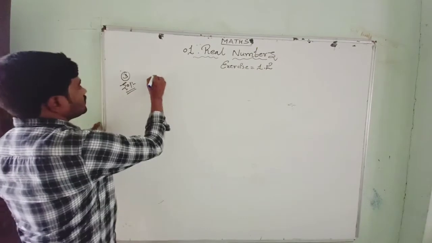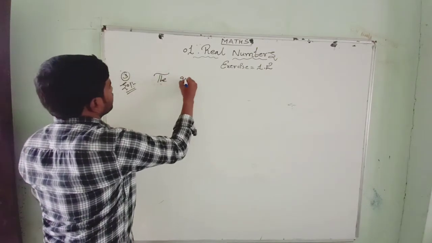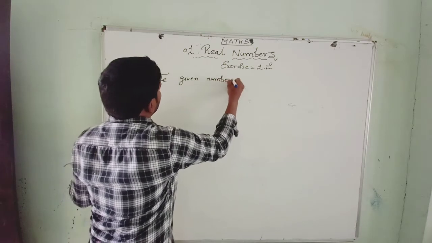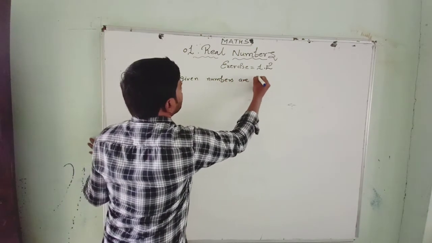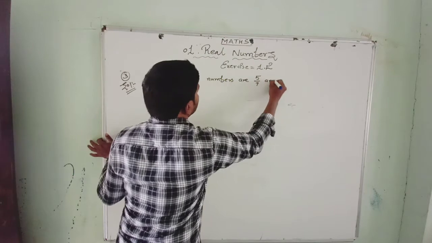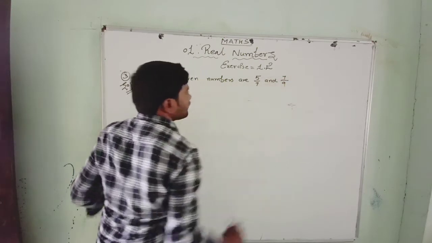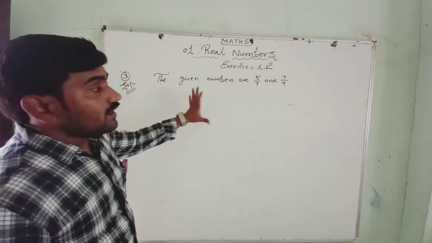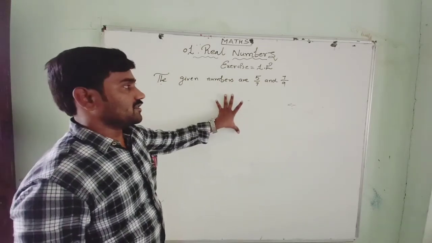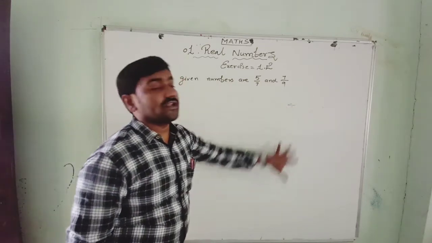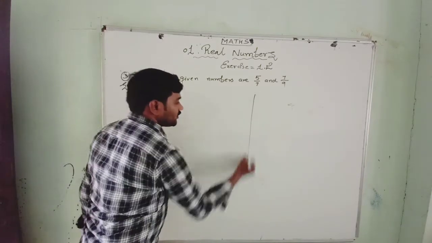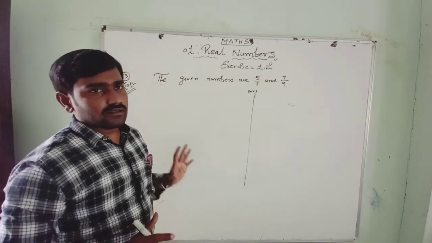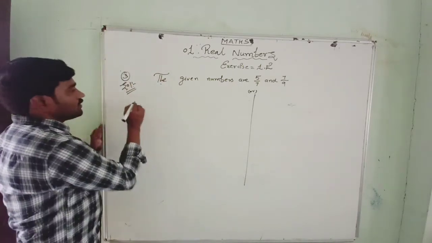The given numbers are 5 by 7 and 7 by 9. So write one irrational number for this. How many irrational numbers are you able to write? So I will give you 2 methods. You write any one method. That's enough. Okay. Let me go for the 2 methods.